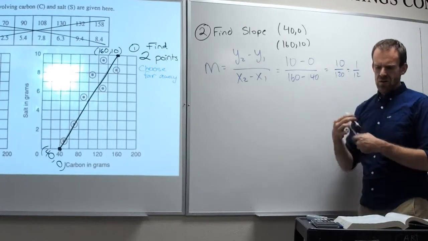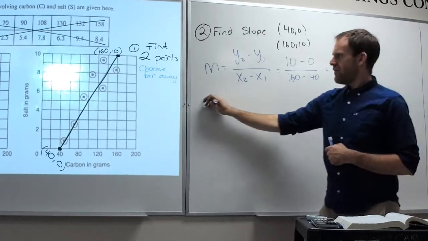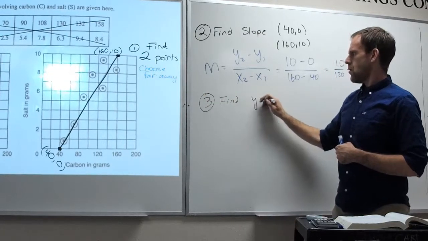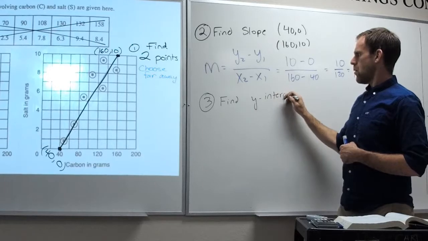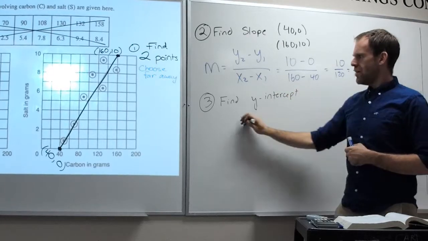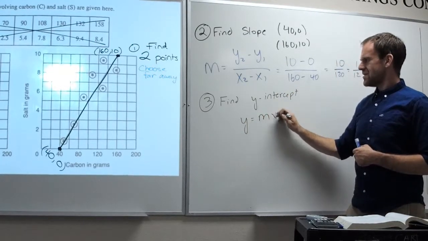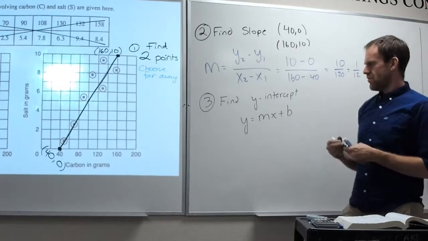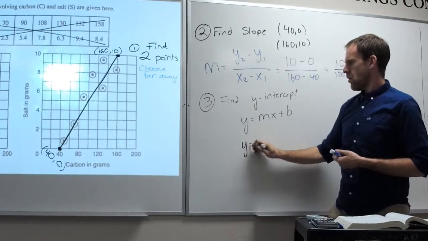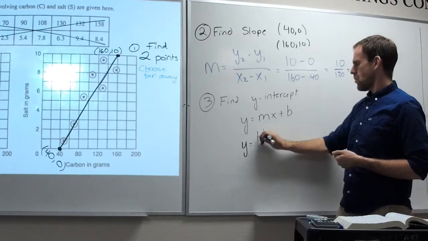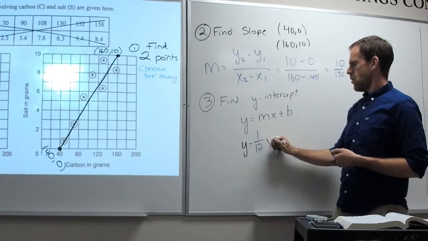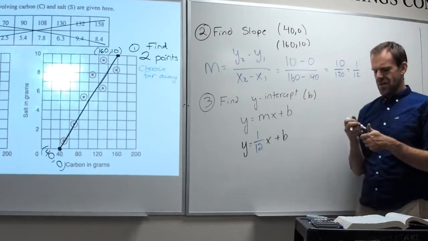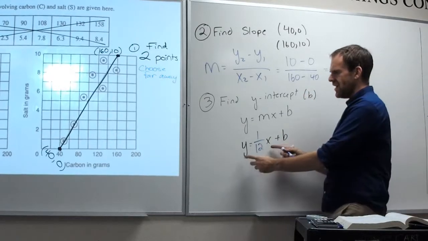From there, we'll take the slope and find the y-intercept. We know that y equals mx plus b, so we can plug in our slope. Since I'm trying to find b, I will also need an x and y point.